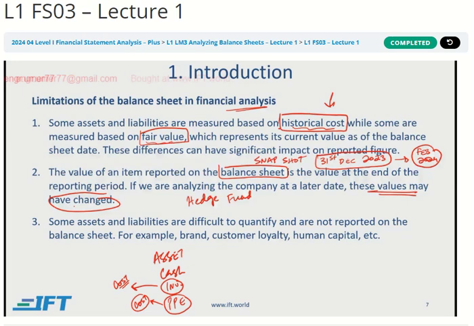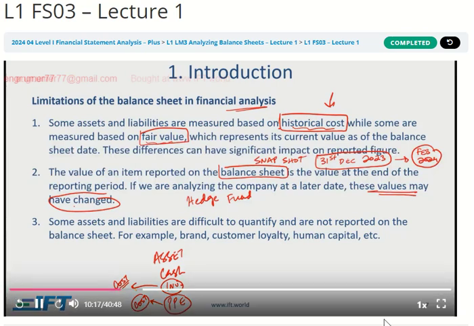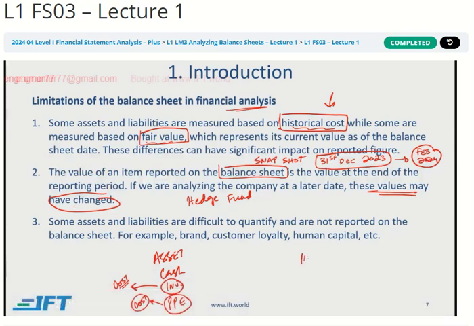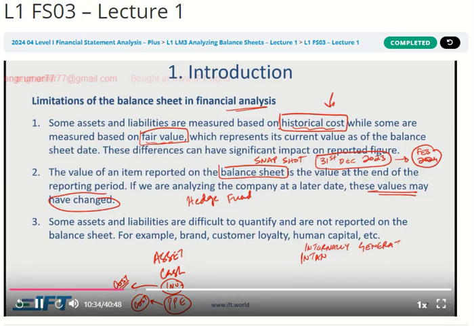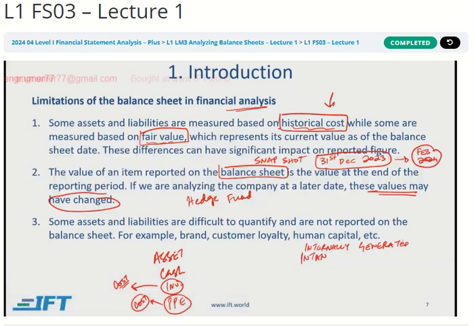And the third thing is that a lot of assets are just not there on the balance sheet. And the reason for that, something we've already discussed in previous learning modules and will discuss in more detail in this one as well, is internally generated intangible assets. In the previous learning module of income statement analysis, we talked about capitalization versus expensing.